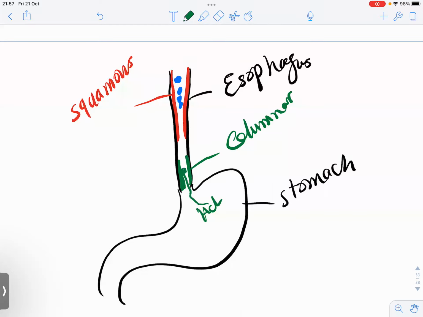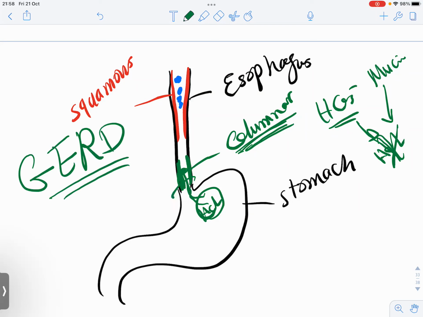And there is a disease called gastroesophageal reflux disease, GERD. The sphincter between the esophagus and the stomach fails to close. So HCl will go into the whole esophagus.